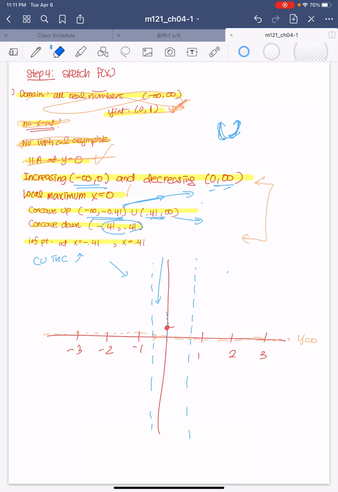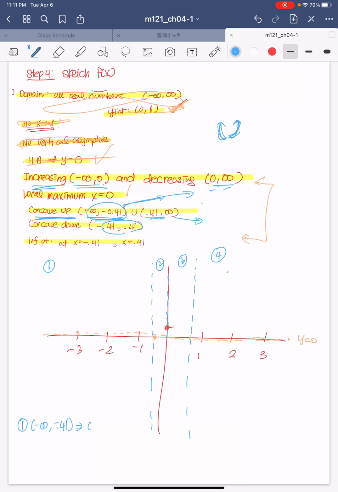Let me organize it better. I'm gonna partition into this 1, 2, because that point is important, 3, and then 4. So let's write it out. Region 1 is negative infinity to negative 0.41. In this particular region, we have concave up, and then all the way up to 0 is increasing, so concave up and then increasing. Region 2 is negative 0.41 all the way up to 0.